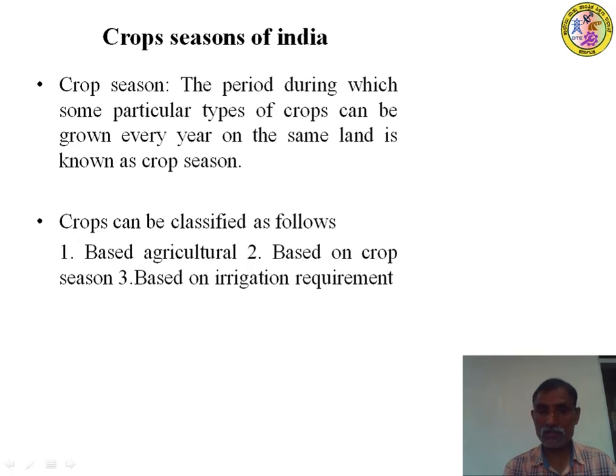Plantation crops: coffee, tea, coconut, rubber, etc. Forage crops: fodder crops, grass, which is fed to animals. Miscellaneous crops: spice crops, medicinal crops, the different crops. Depending upon agriculture, the crops are classified like this.